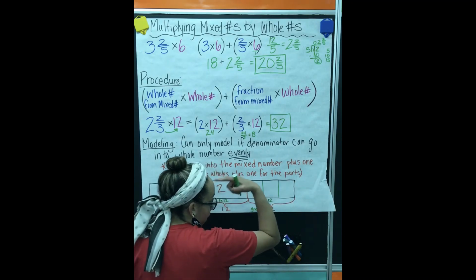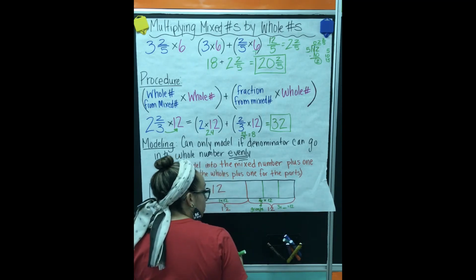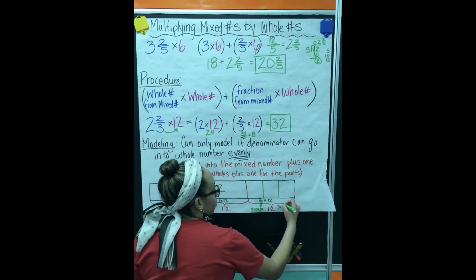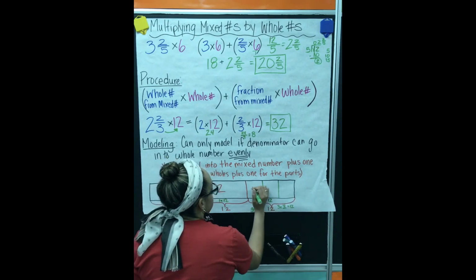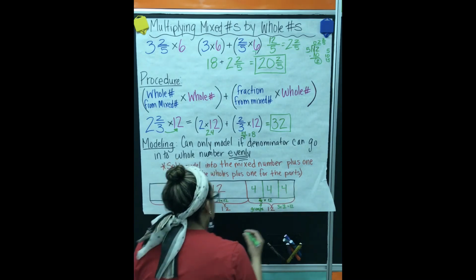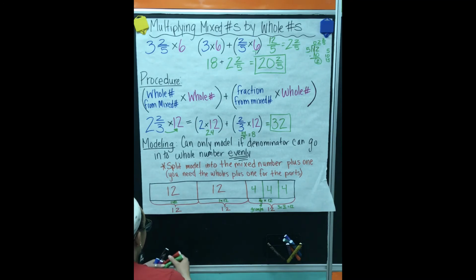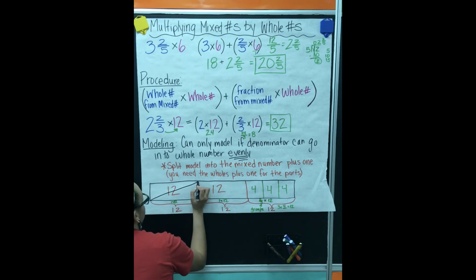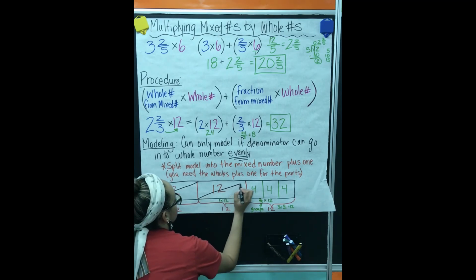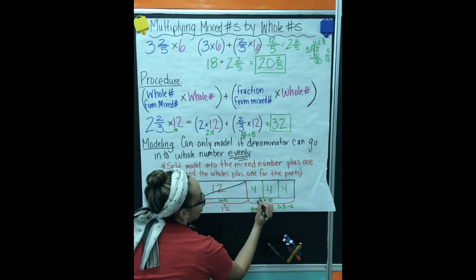We have to do our baby problem and think: 3 times what equals 12? Hopefully we're all saying 4. That means that 4 is going to go into each part. So now we model that we are taking these pieces. We have 1 whole, 2, and we're going to take how many of this part?